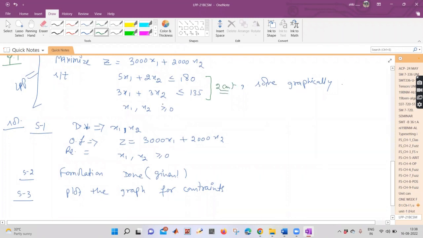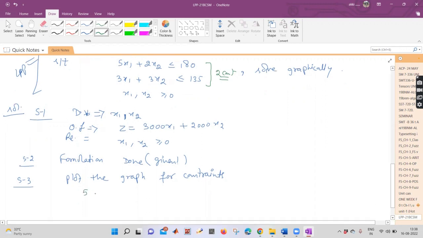Whenever you are given the constraint, you see here we are given inequality. Whenever inequality is given, doesn't matter, we just change it into equality. So our given constraints are 5x1 plus 2x2 equals 180, and another is 3x1 plus 3x2 equals 135.